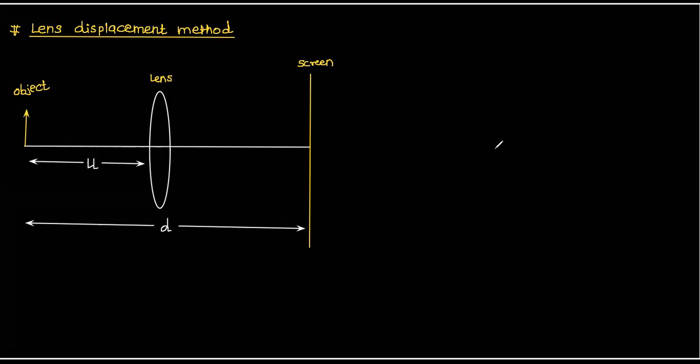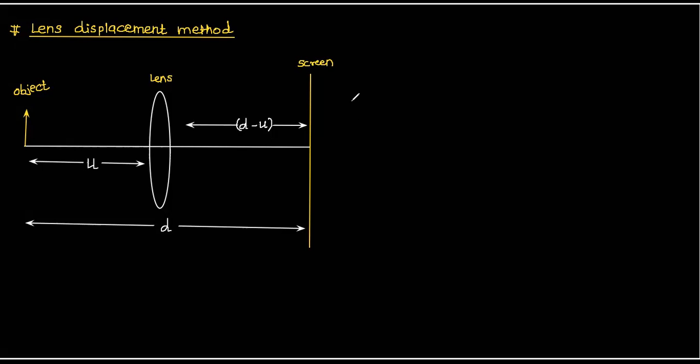Then this distance will become d minus u. Now, u is the object distance and d is the distance between screen and object.